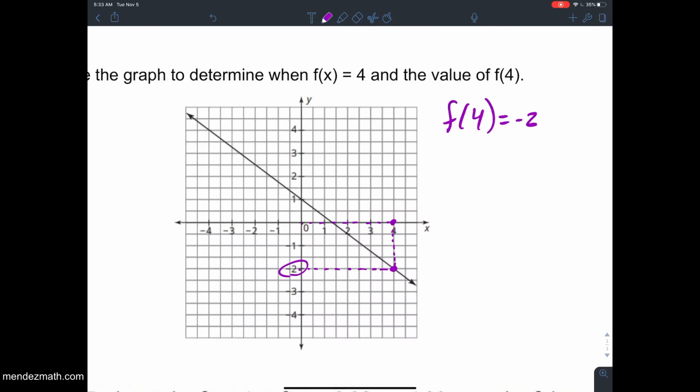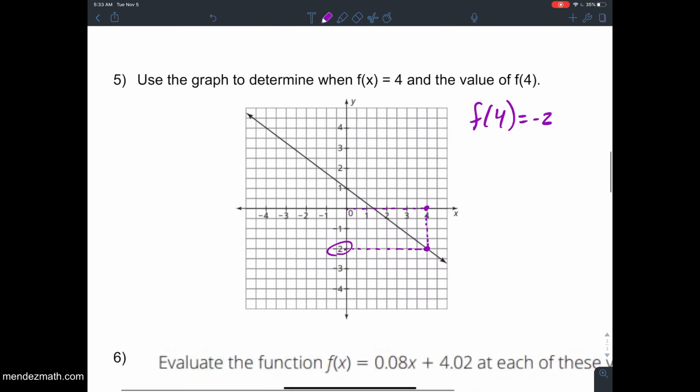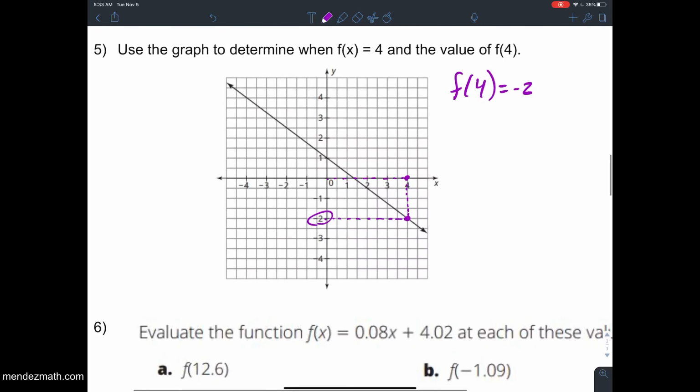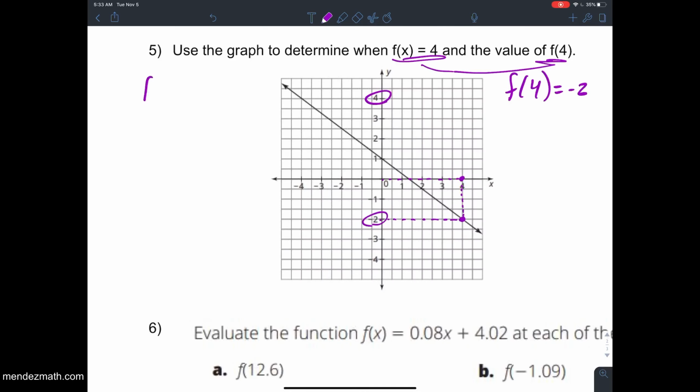F of x equals 4. Use the graph to determine when f of x equals 4. Okay, so basically when you have a problem like that, f of x equals 4, it's saying what input would give us an answer, a y basically, of 4.